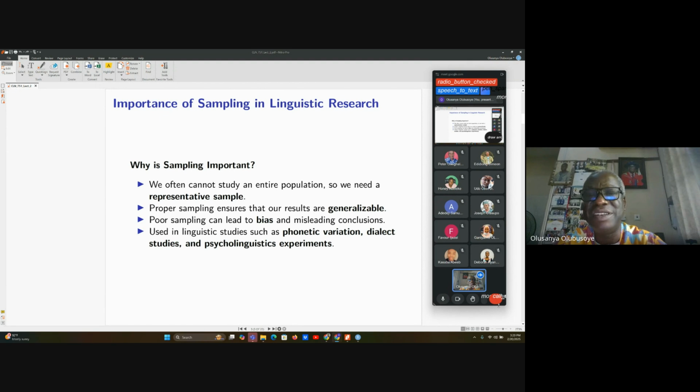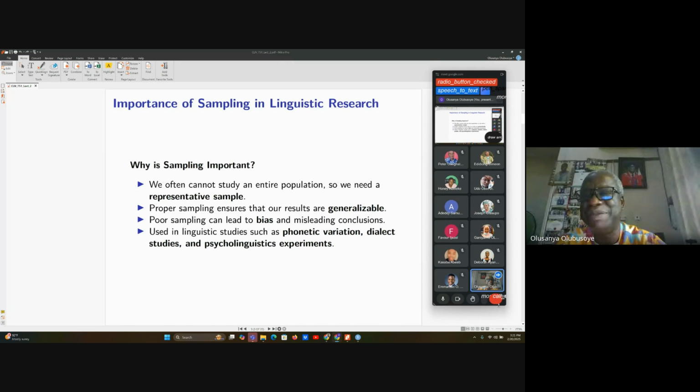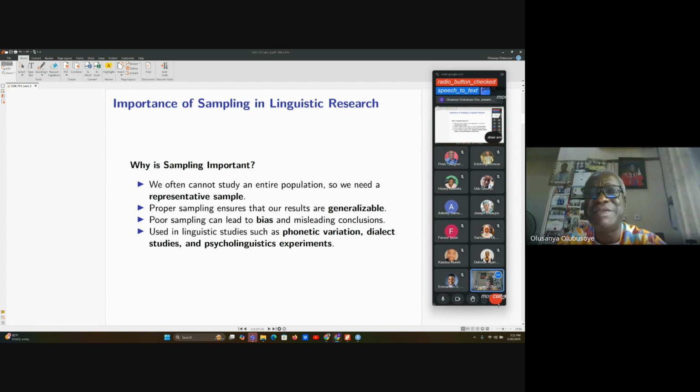Suppose I'm a Christian and I decide to take my sample from my church members. Will that introduce bias or not? It will. So there are several ways by which bias can come in.